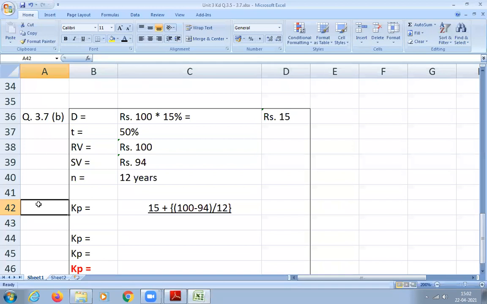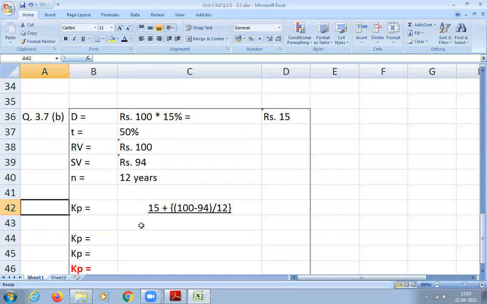We pay preference shareholders after calculating net profit after tax, then only preference share dividends are paid. After paying preference share dividends, we pay equity share dividends. Got it? That is why even if the tax is given, you have to neglect it.